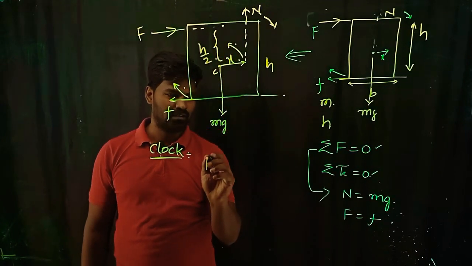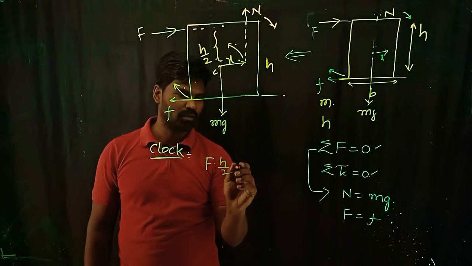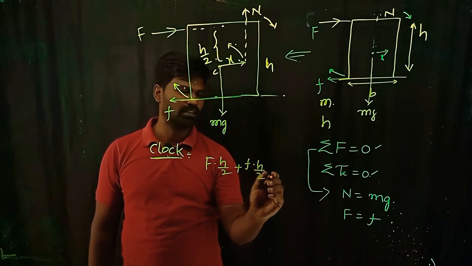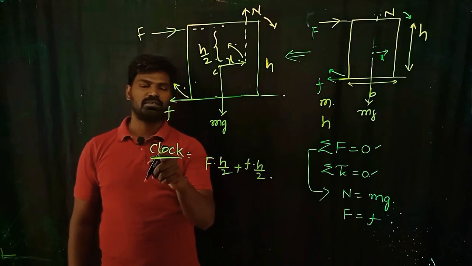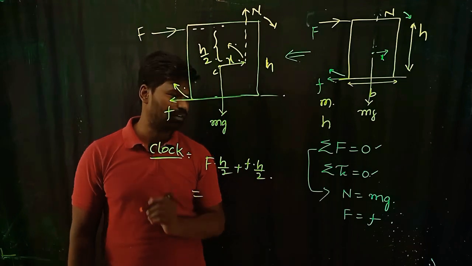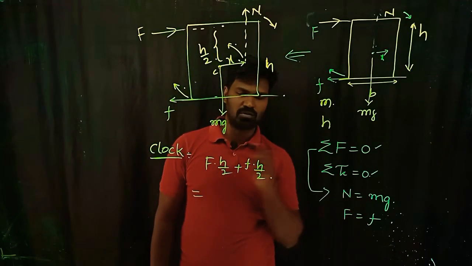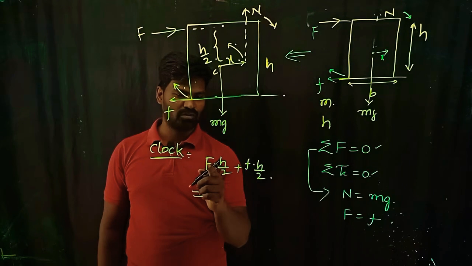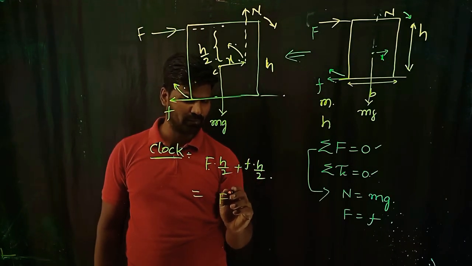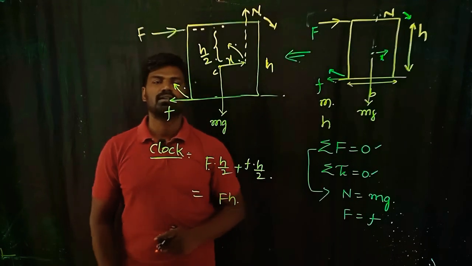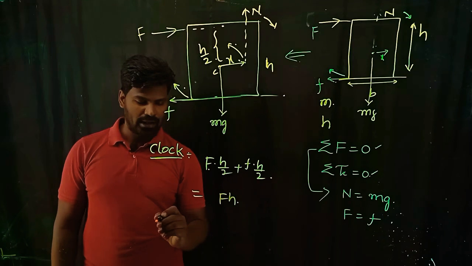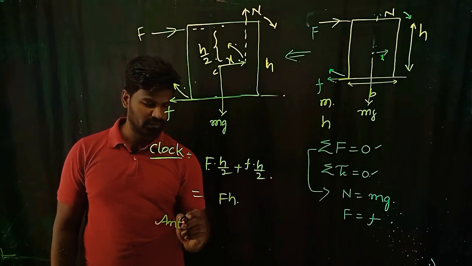Because of which, F into h by 2 plus, due to the friction, small f into h by 2. This is the total torque causing the body to rotate in the clockwise sense. That is equal to, as I wrote just now, F is equal to small f. So in place of small f, if you take capital F, F plus F is 2F. Altogether you get F into h as the total torque which is causing the body to rotate clockwise.